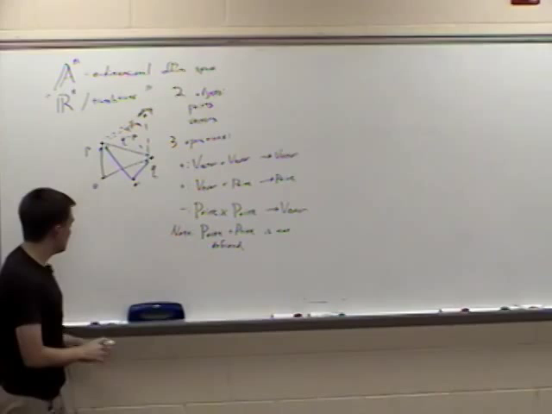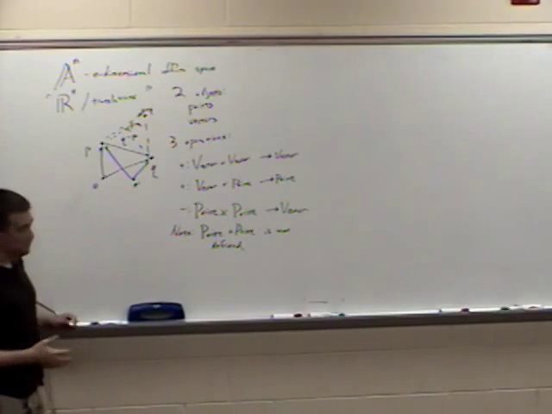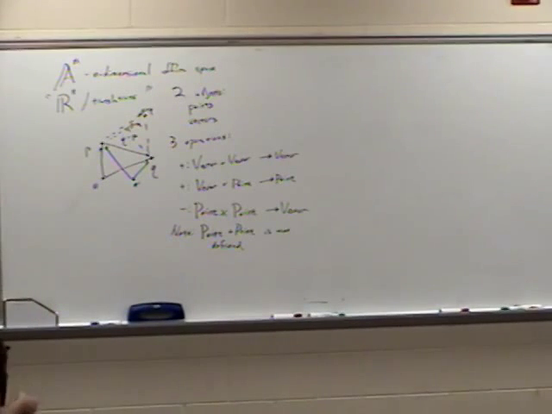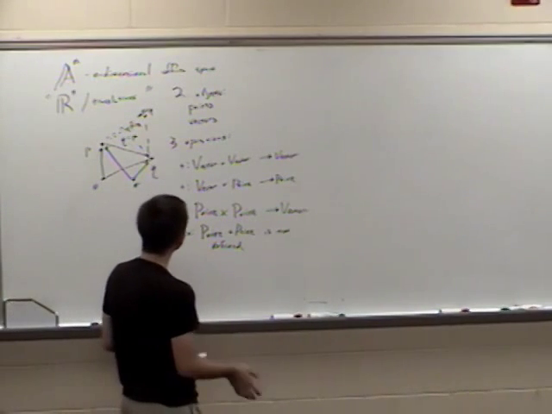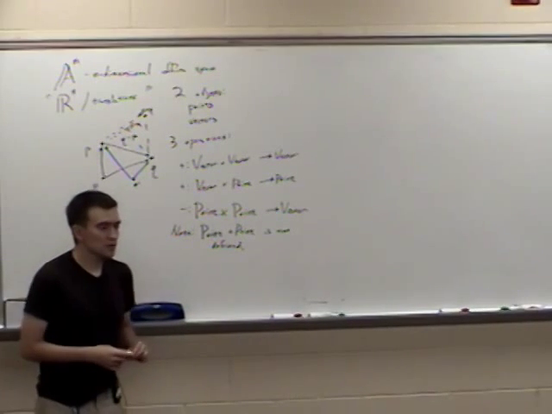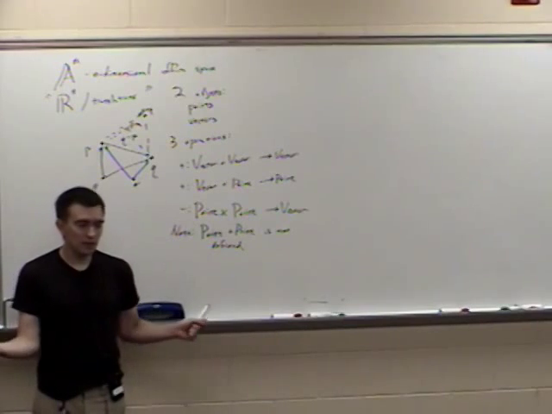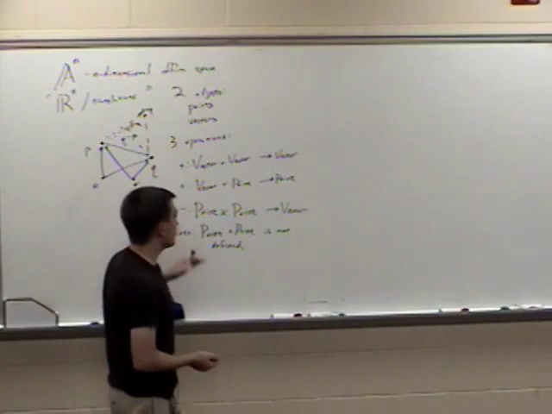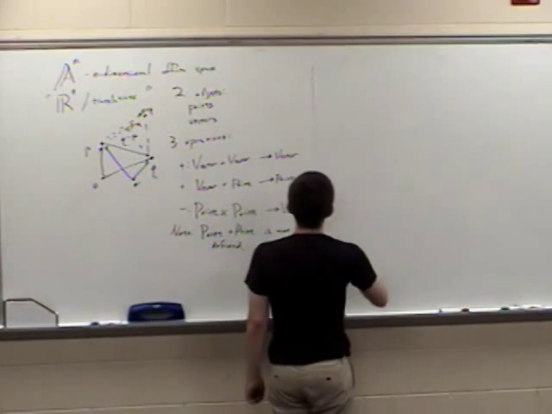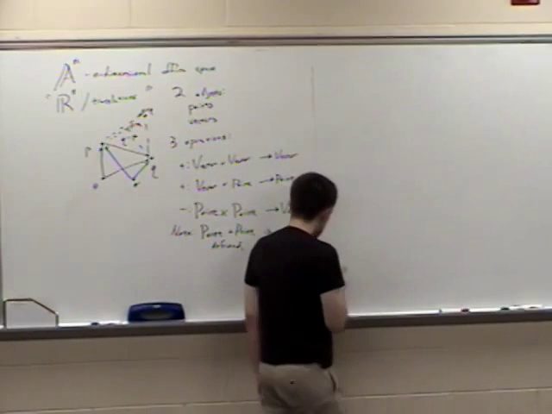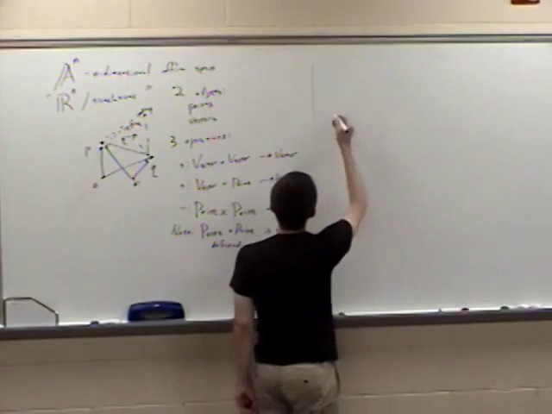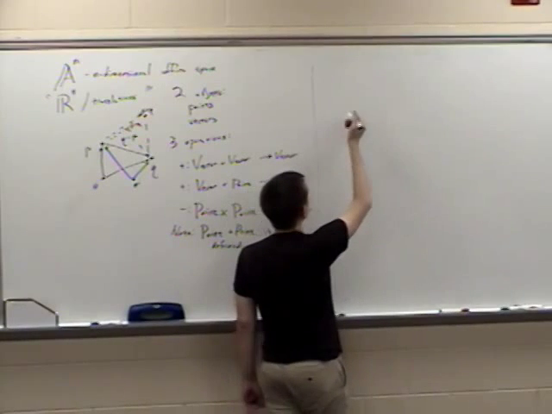OK, so that's the basic set of operations in affine geometry. And one of the main things that we can do with points in affine geometries is we can take affine combinations of them, which does turn out to be well defined under these operations. So to describe an affine combination, I'm going to introduce a little bit of notation here, which is this concept of an affine hull of a set.